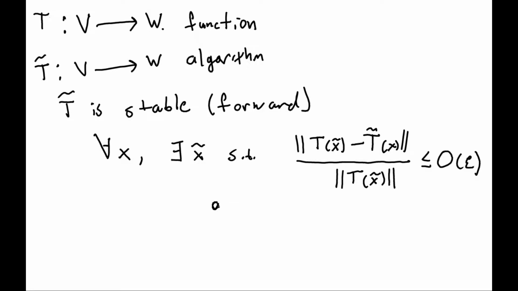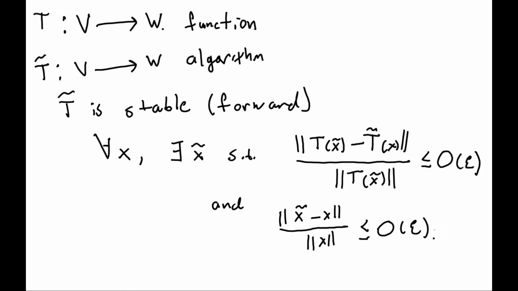And we haven't said where x tilde lives yet. x tilde is also relatively close to x. So these norms are the norms in the normed vector spaces V and W as appropriate. So that's our definition of stability.